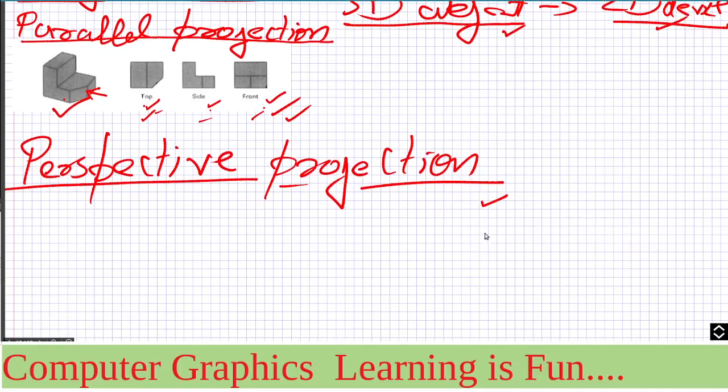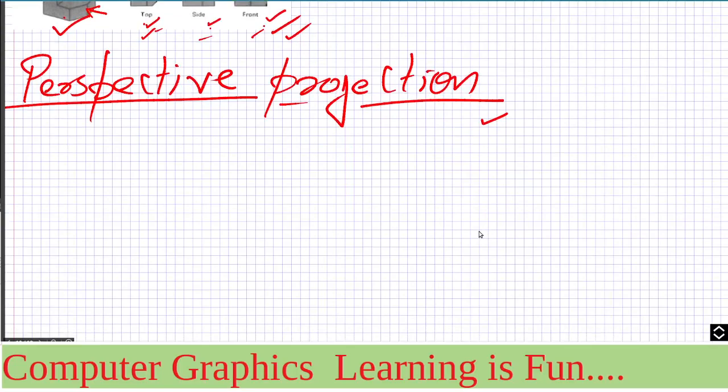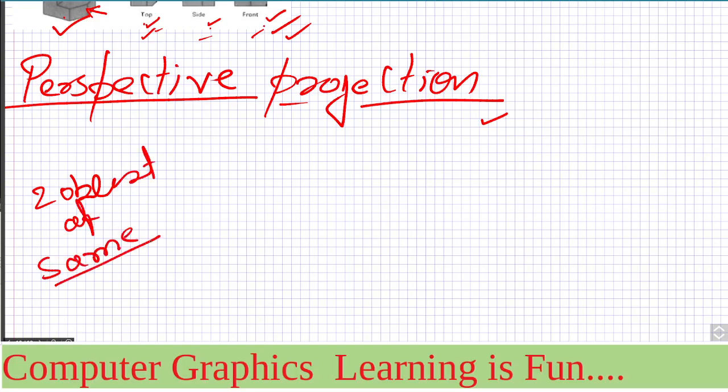What happens when a camera takes a photograph, or whatever we see: two objects of the same attributes, meaning height, width, length, whatever attributes the object has, two objects having the same characteristics.